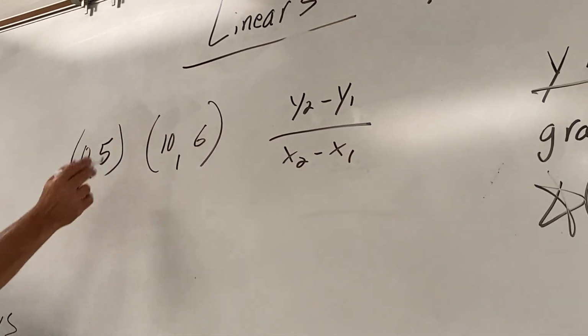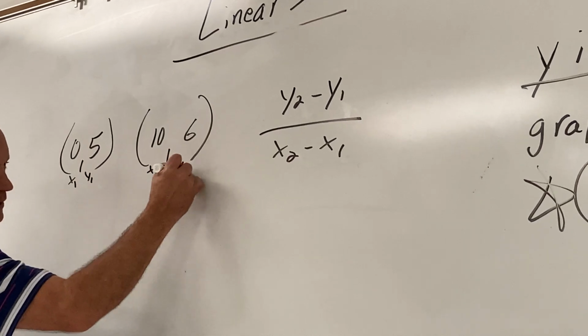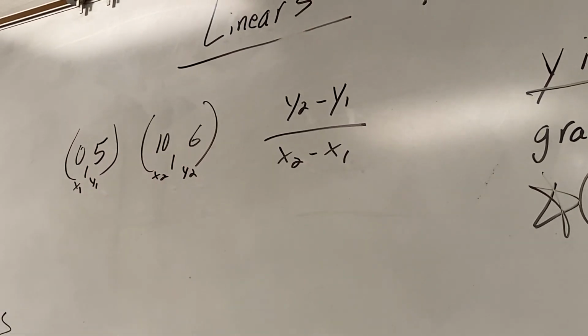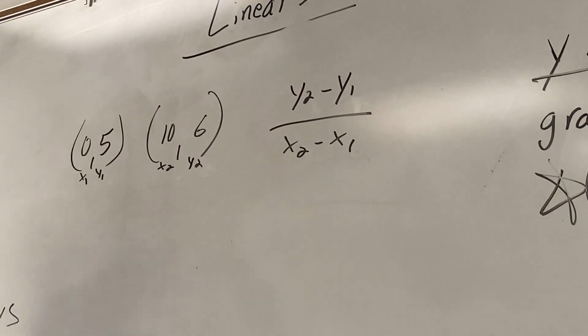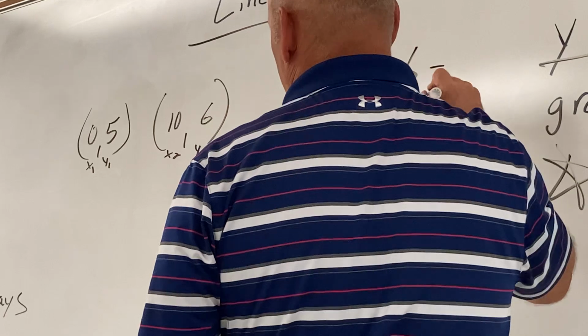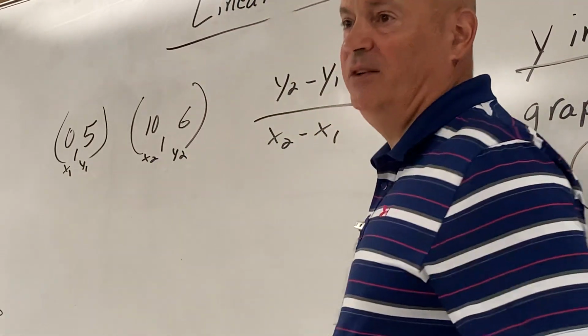So let's use that formula. We got x1, y1, x2, y2. Let's do the math. What number do I put in first? Tucker. You put in 6 for Y2, and minus negative 5 for y1. Do y'all agree with my man Tucker?